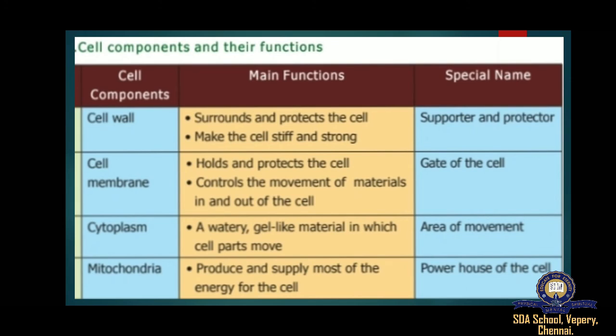Second one, cell membrane. Present in both plant cells and animal cells. Selectively permeable, that means it allows materials and nutrients in and out of the cell according to the requirements of the cell. Functions: enclose the content of the cell, provide shape to the animal cell, allow transport by diffusion and osmosis.